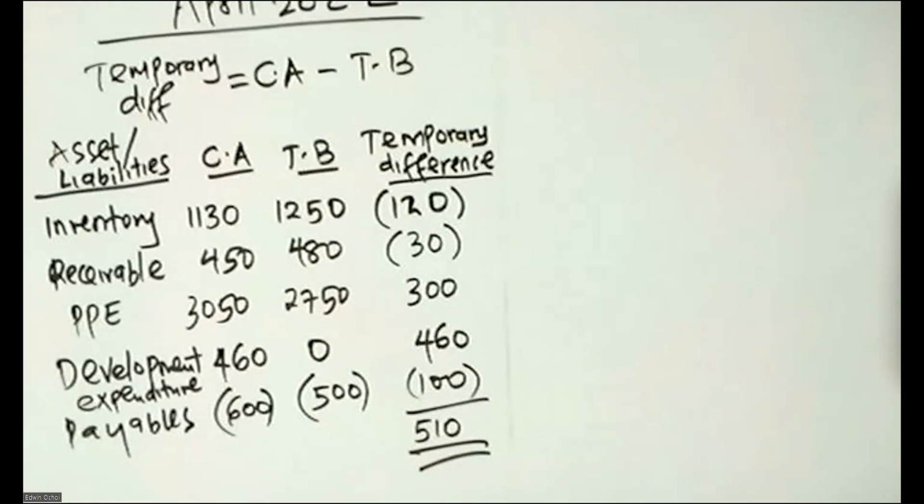So the examiner was in need of what? He was in need of the temporal difference, and he was in need of a deferred tax account. So we can be able to do that deferred tax account because for the balance brought down, we have it.